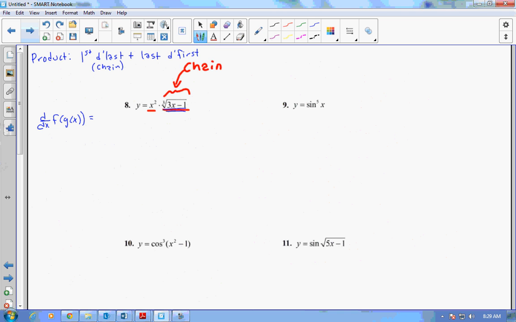So our f of x, if I just ignore the x squared for a minute, what's f of x? X to the 1/3, because it's the cube root function. X to the 1/3 is easier to take the derivative of. And g of x is a linear function, 3x minus 1. Any problems or struggles with that? Okay, find f prime of x and g prime of x.